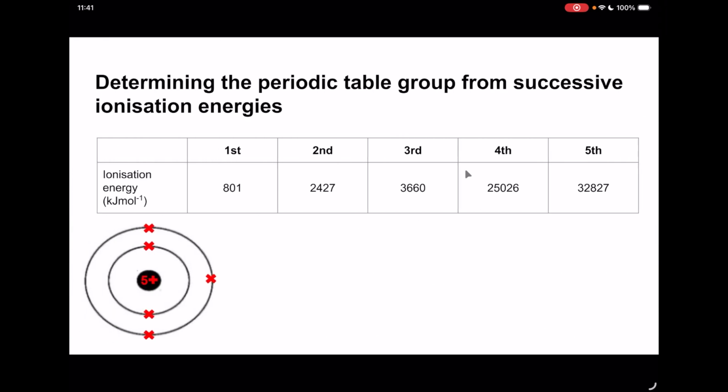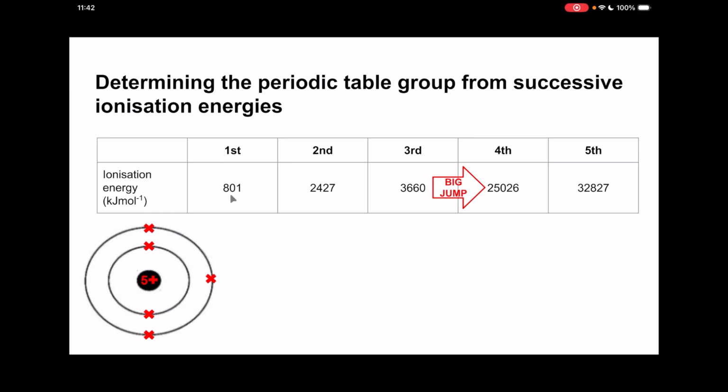Now the other thing we can do with successive ionization energies is actually determine the periodic group from the numbers. So obviously we know that we've got boron here, and these numbers actually tell us that boron is in group 3. So we're looking for that big jump up in ionization energy.